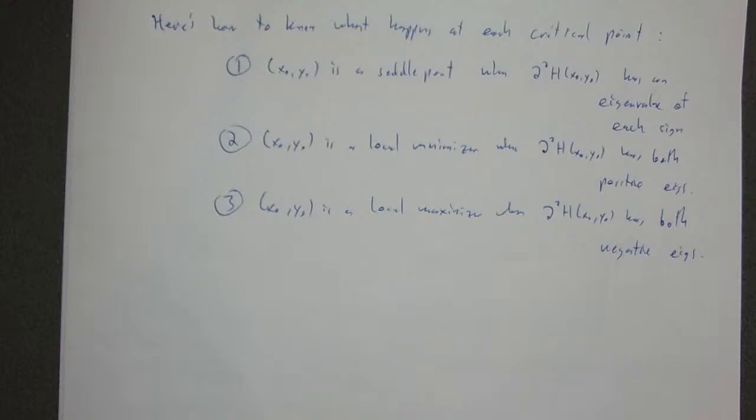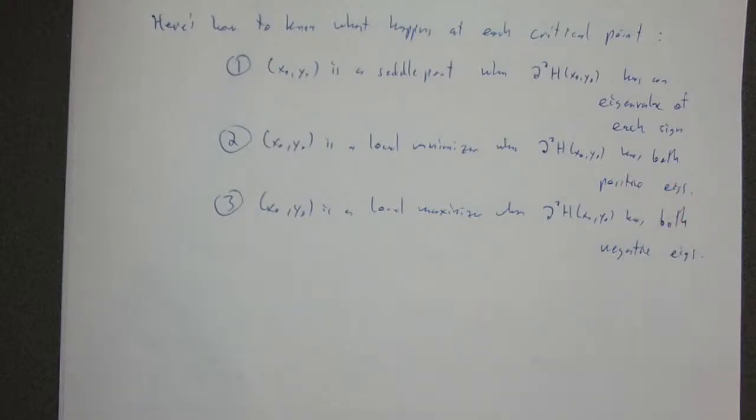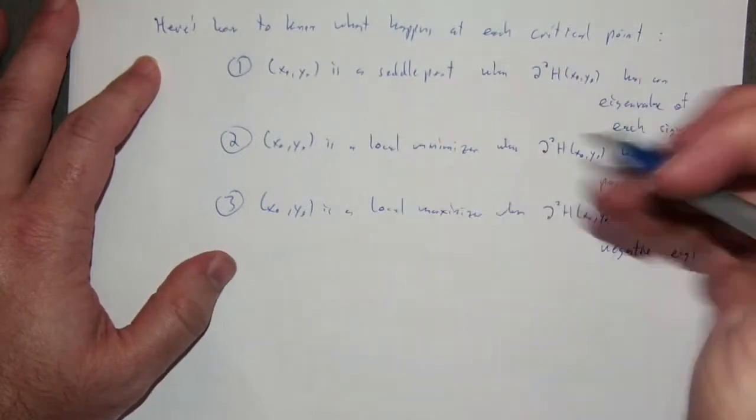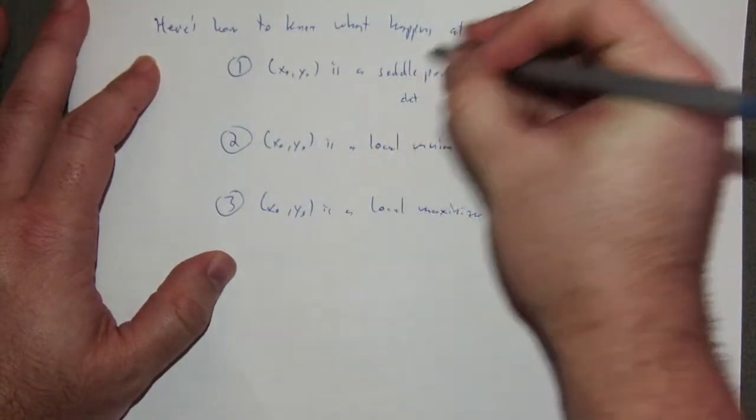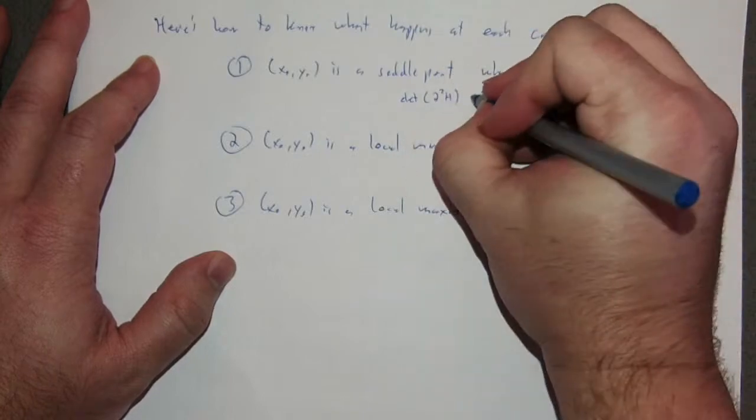You can characterize this, of course, in terms of the determinant and trace of the Hessian matrix. So this puts it as the discriminant of the polynomial in question. This is really the discriminant that's going on here. And so there are quicker ways of testing this, of course. It's a saddle point when the determinant of the Hessian is negative.